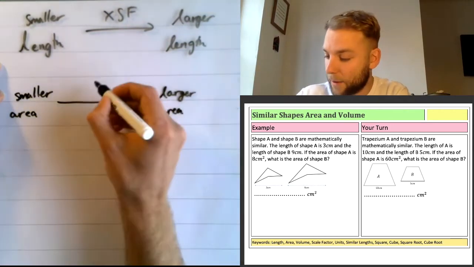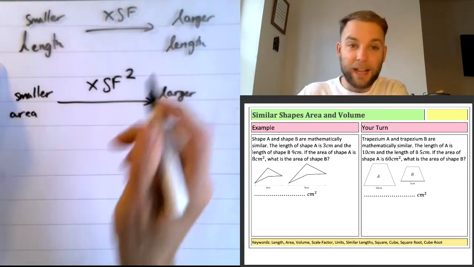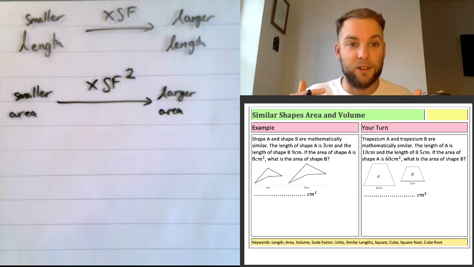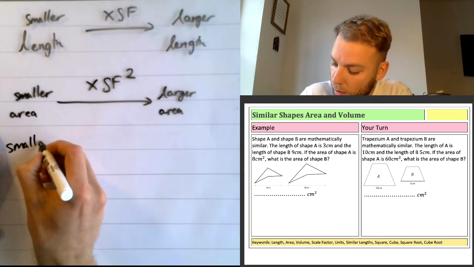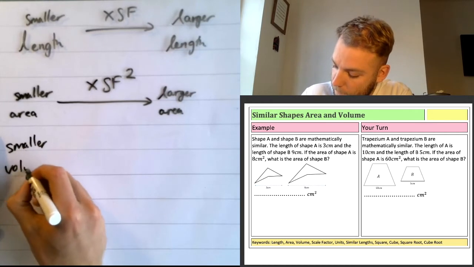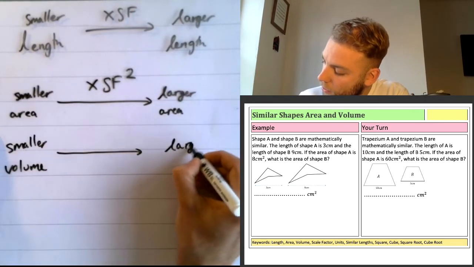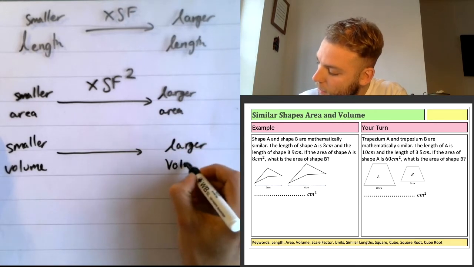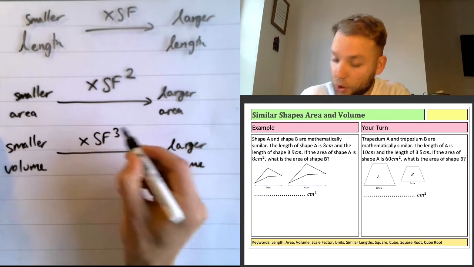You need to times by the scale factor squared, a little bit like you've got centimeters squared. And in the same way, if you've got a smaller volume and you want your larger volume, then you need to times by your scale factor cubed.